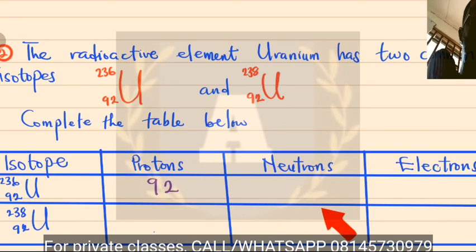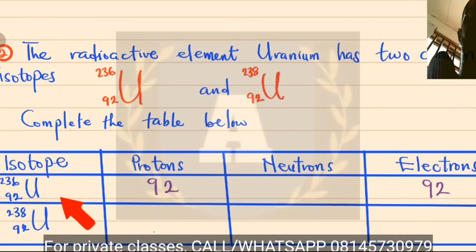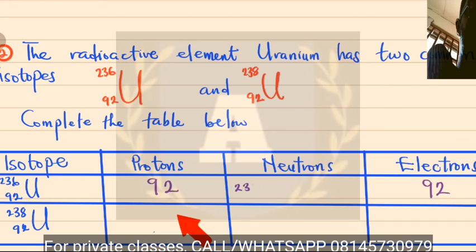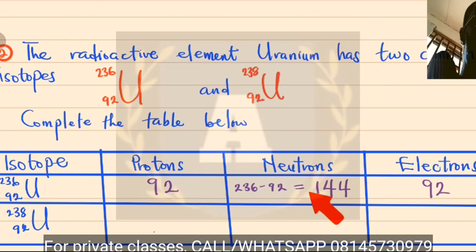Therefore the electron number will also be 92. So how do we get the neutron number? The neutron number is the mass number, which is 236, minus 92, and that is 144. That is the neutron number for uranium-236.